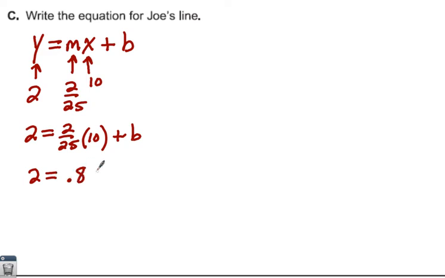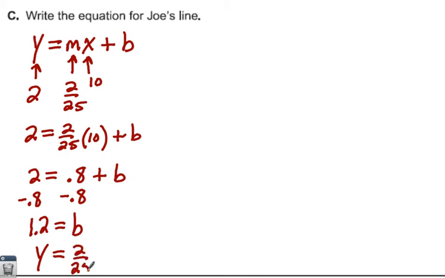So that's 0.8 plus b, and solving for b, we get 1.2 equals b, which should be fine in decimal form. It's not like we rounded it, so I'm assuming 1.2 is just fine. Now that we know b is 1.2, we can write our final equation: y equals 2/25 x, or I'm assuming 0.08 would also be fine for your m value, plus 1.2.